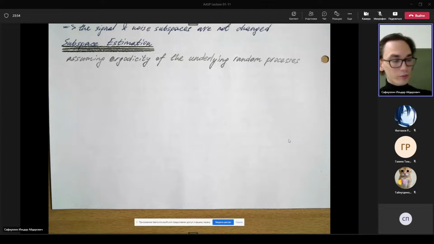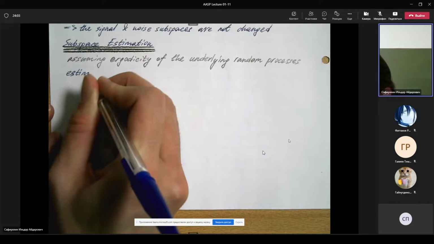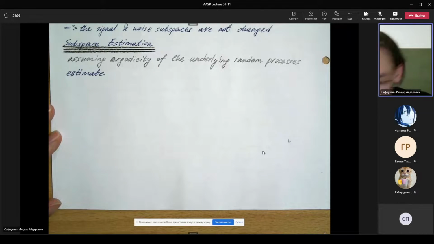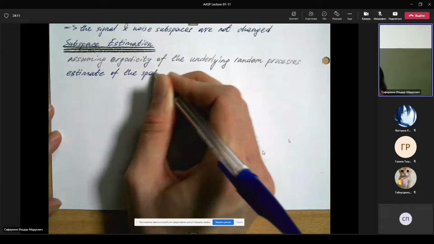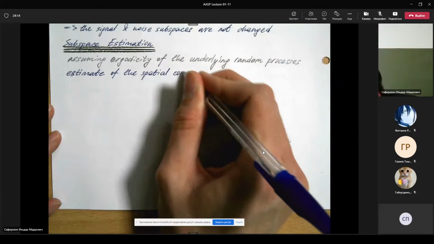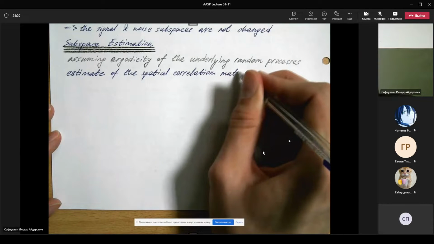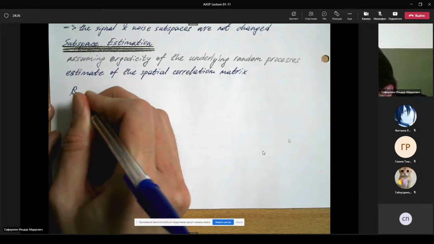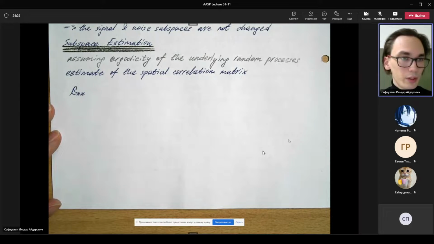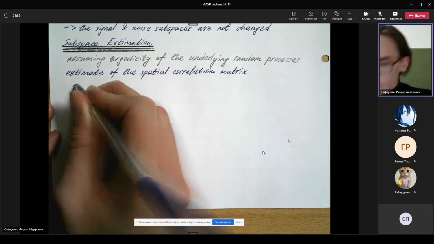Then we can write down the estimate of the spatial correlation matrix Rxx. It is our Rxx, but in this case we are talking about an estimate, so we need to show it with a hat.